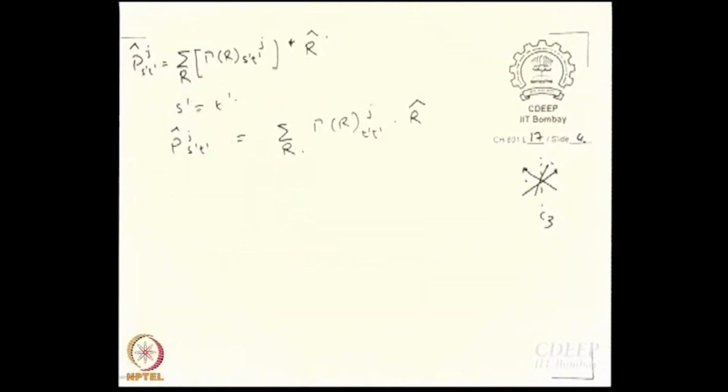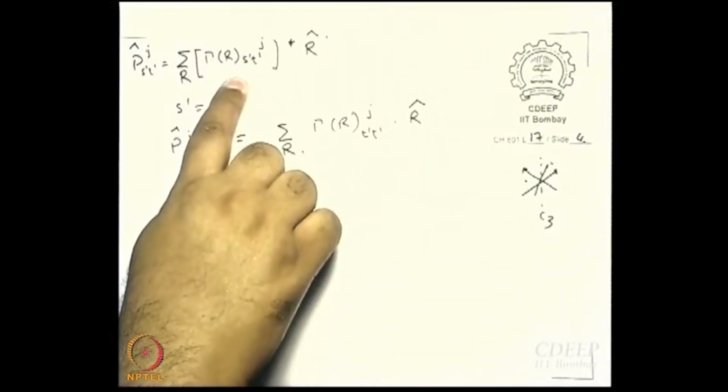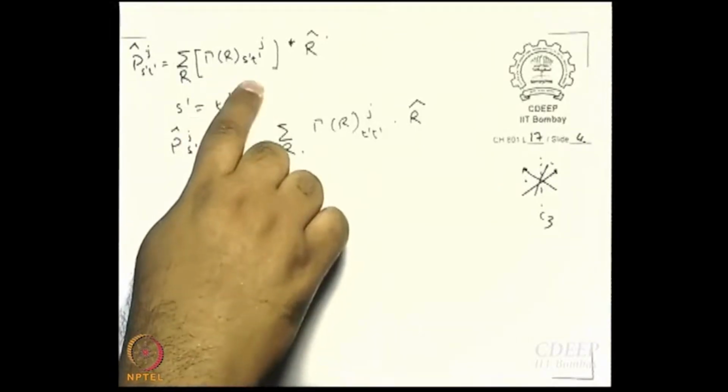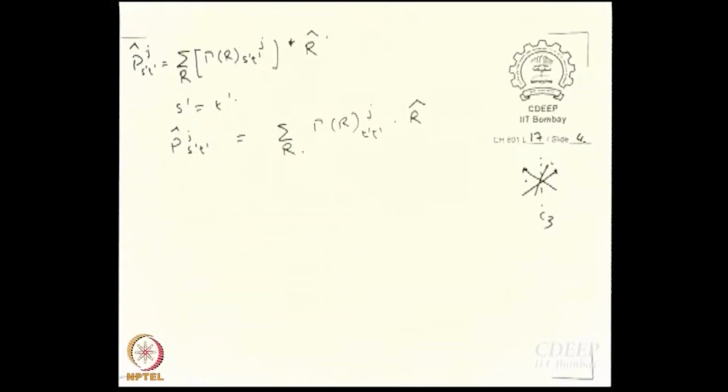See, right now what we have is the complete projection operator. The trouble of working with the complete projection operator is that you will have to work this out for every S dash, every T dash, right? Each and every matrix element. And it is not as if it is not doable. So this is an example where they have done it.